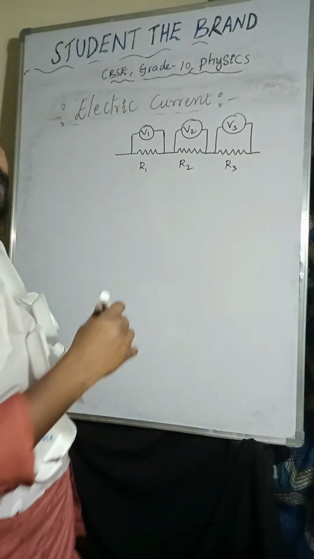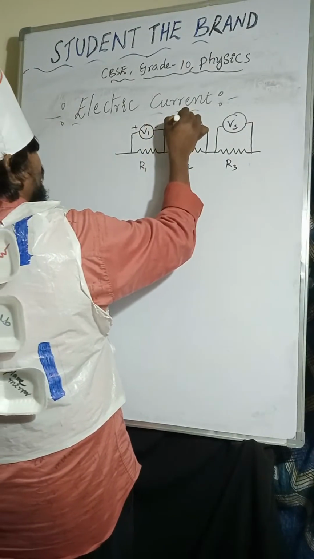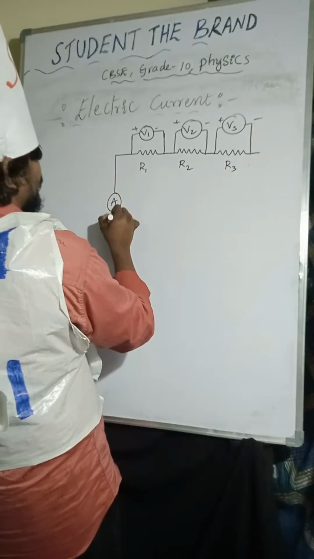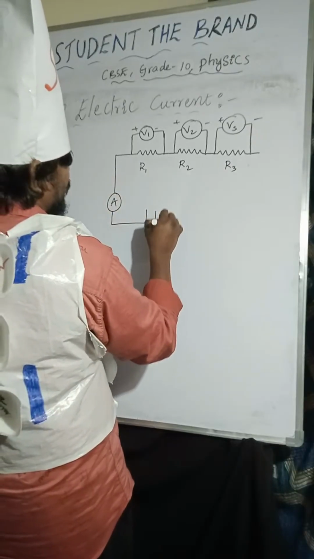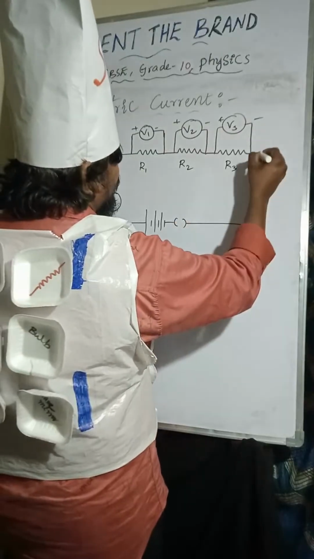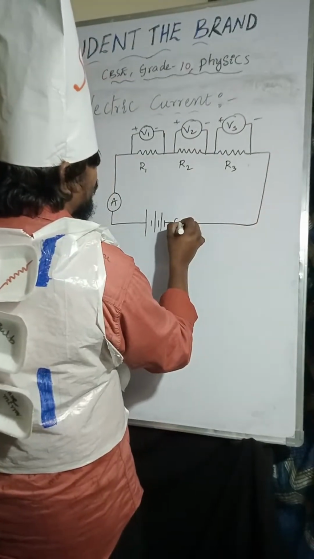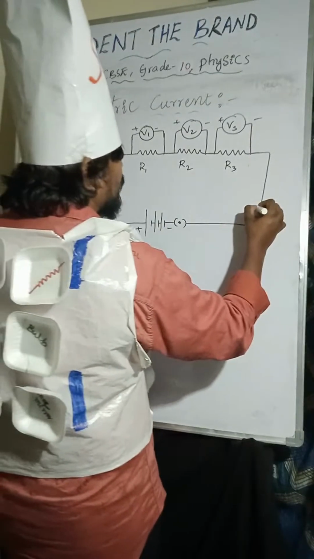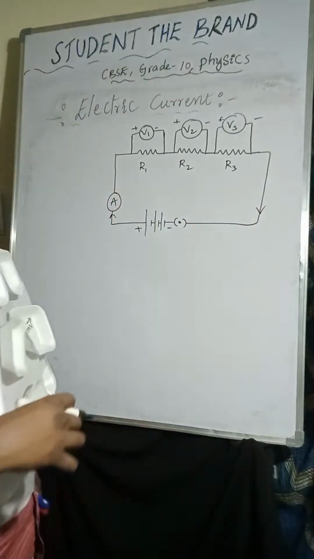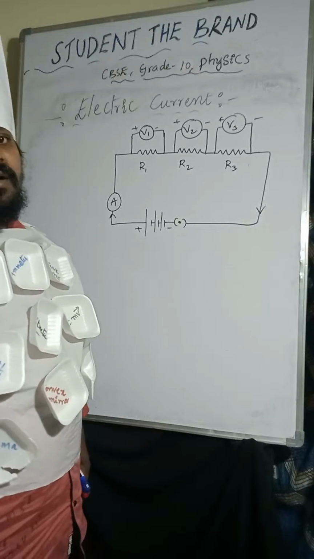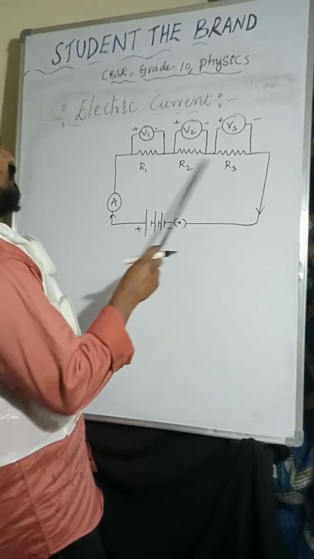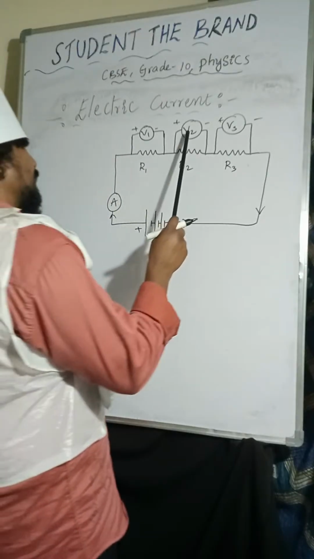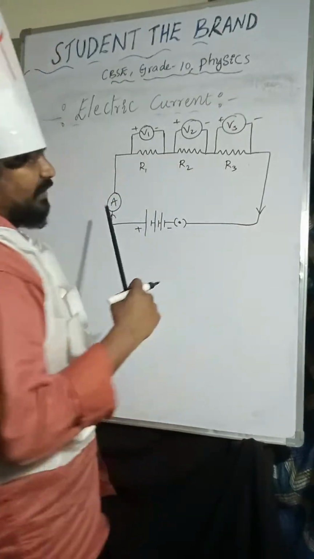Okay, so you can observe the ammeter, and R1, R2, R3. Across R1 I connected V1, across R2 I connected V2, across R3 I connected V3.